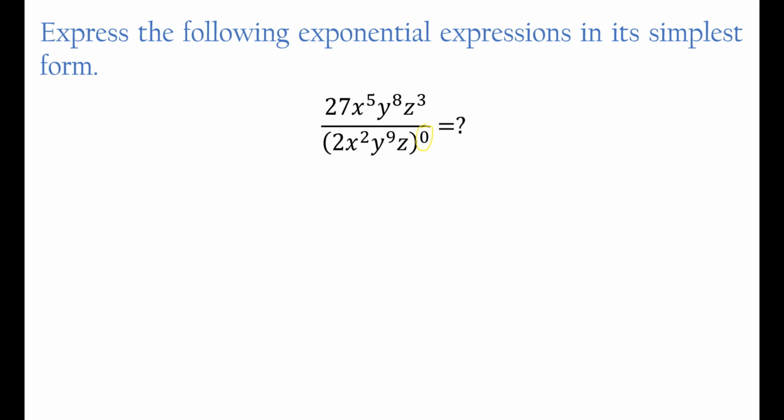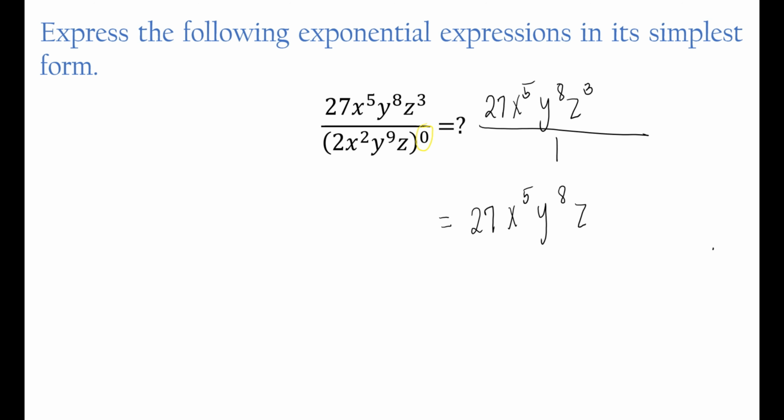Therefore, we can simplify the whole denominator to 1, and then copy the numerator. And since the numerator is divided by 1, we can further simplify this as 27x raised to 5, y raised to 8, z raised to 3.